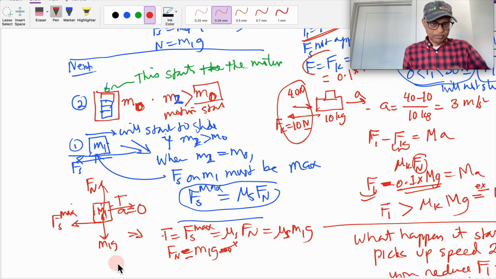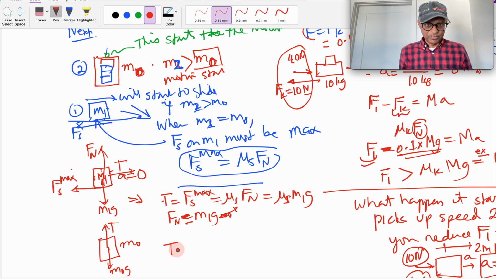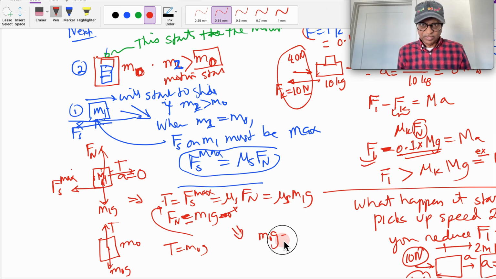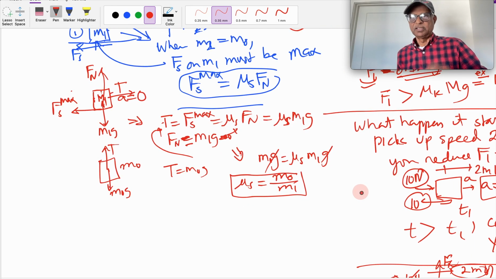And this is M0, so this is M0g, and this is T now, so T equals M0g. Now plug in here, and M0g equals mu s M1g, which cancels out. So mu s must be M0 over M1. That's how we discovered what the static friction coefficient was.